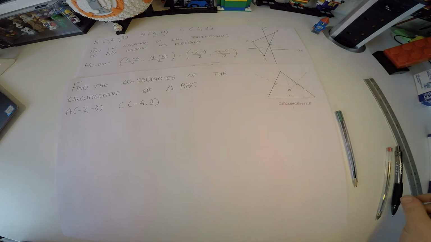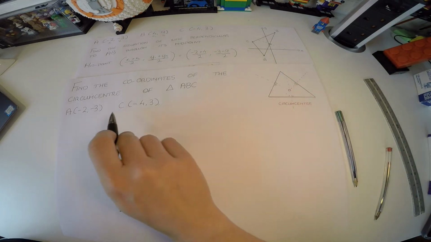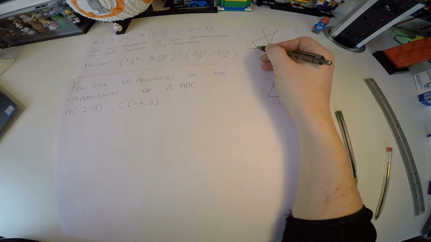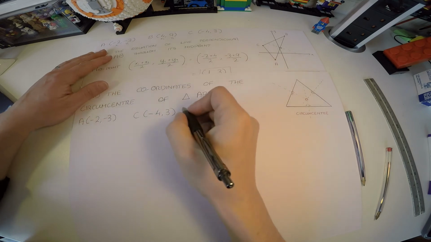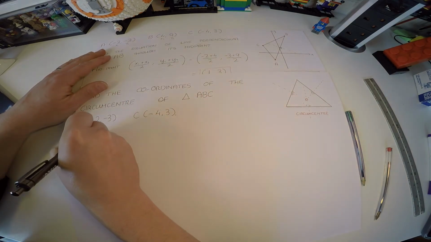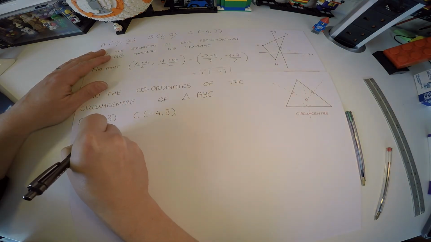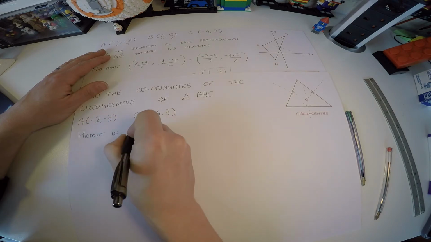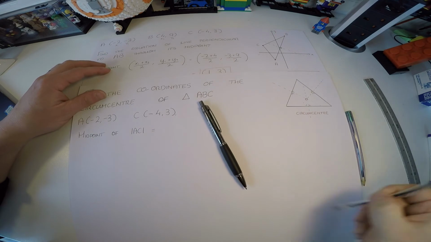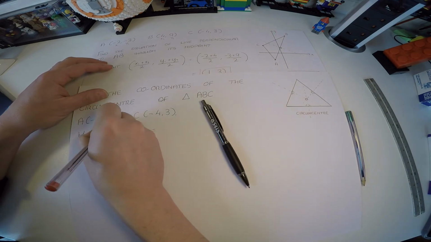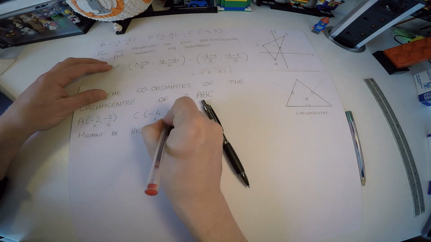So the first thing I need to do now is find the equation of this perpendicular bisector of AC. So it's the same process as above. But first off, we need to find the midpoint of AC. Okay? So the midpoint of AC is going to be equal to, so let's label these points, really good practice just to always do this.